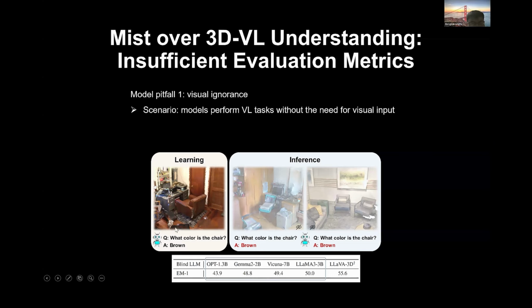And in the figure, we show a case where the model just overfits the training data. So when it answers a question even without the 3D scene input, it may guess the answer based on the training data distribution.